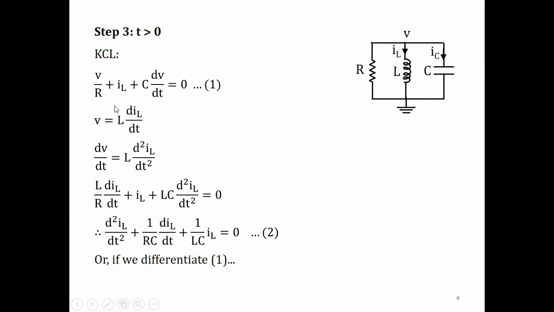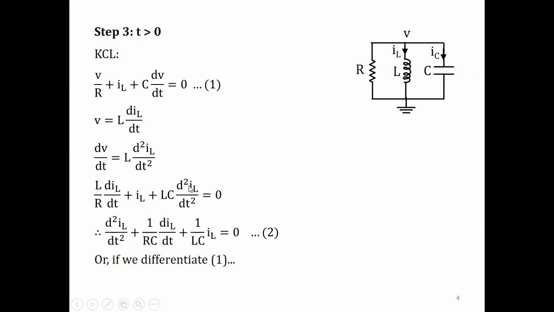Then we'll do the other way also. So we say V is L dIL dt, and then for dV dt we differentiate this: dV dt equal to L d2IL dt squared. Both of these we substitute in the first equation. So for V we get L dIL dt plus IL plus C times L d2IL dt squared.